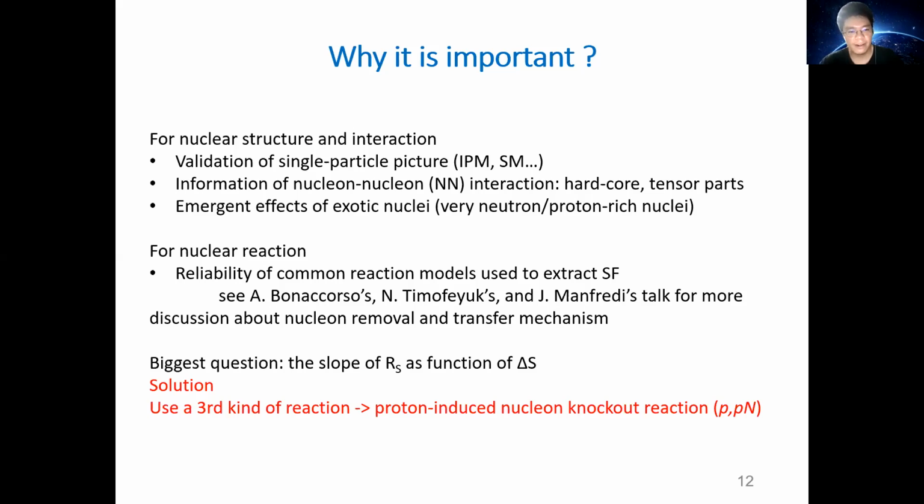So it will affect a lot of studies. For studies on nucleon removal and transfer reactions, you can see the talks by Bonaccorso, Timofeyuk, and Manfredi in previous weeks. So I will try to investigate the biggest question here, the slope as a function of delta S.